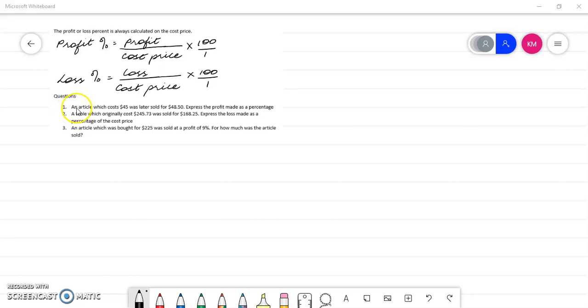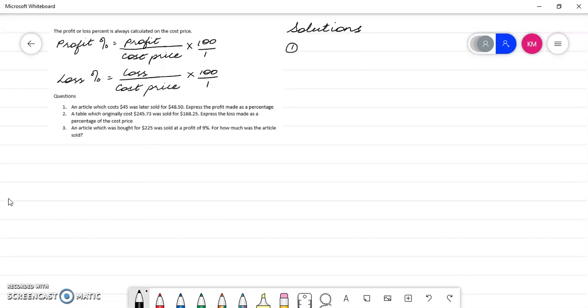So number 1, an article which cost $45 was later sold for $48.50. Express the profit made as a percentage. Now, I told you all, when we are doing questions like these, we should write proper statements. So I'm going to start my solutions here. Number 1.